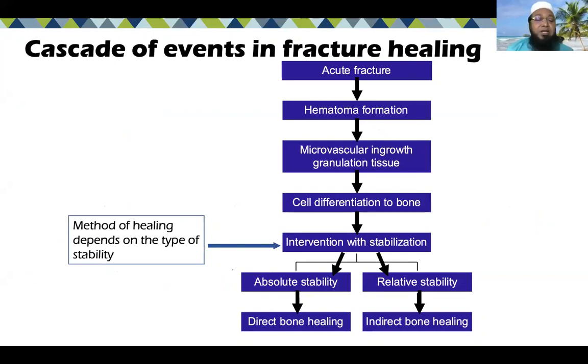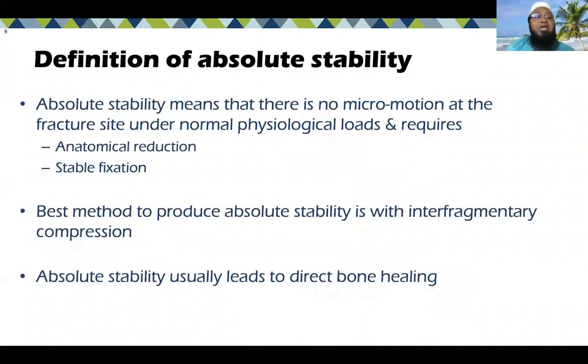At this point, the method of healing depends on the type of stability. If absolute stability is provided, the bone heals with the direct bone healing process. And if relative stability is provided, bone usually heals with indirect bone healing with formation of callus.